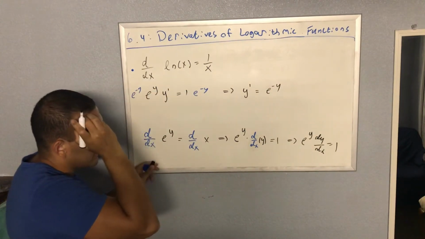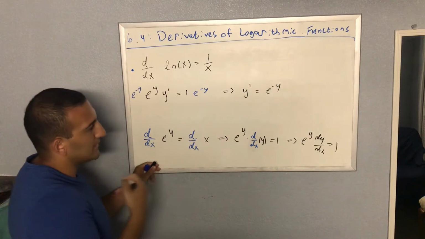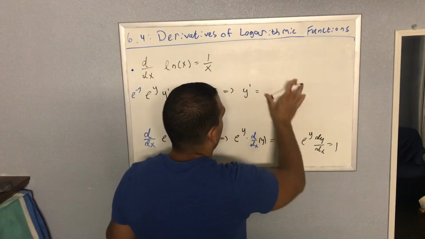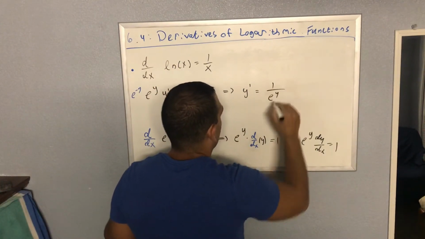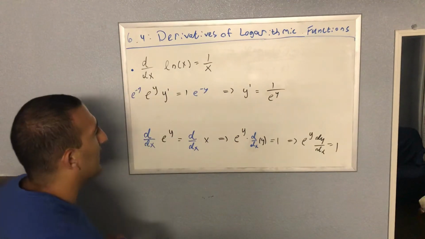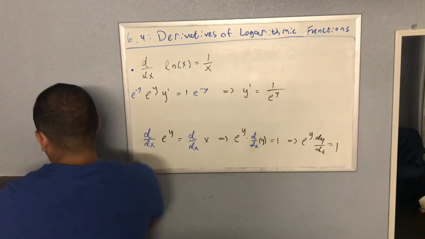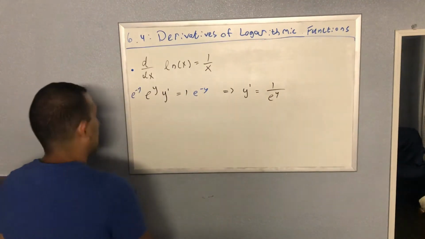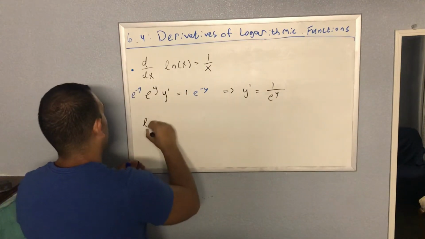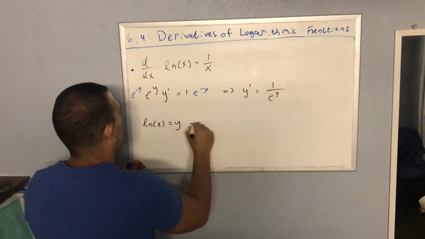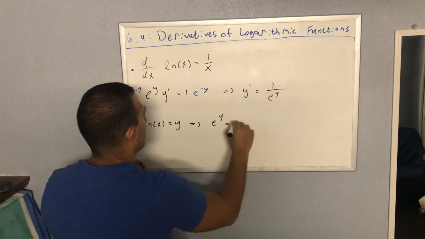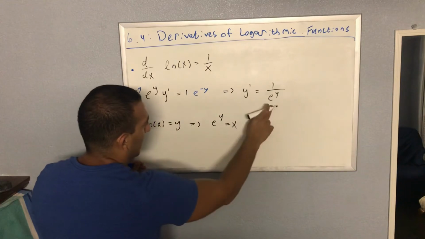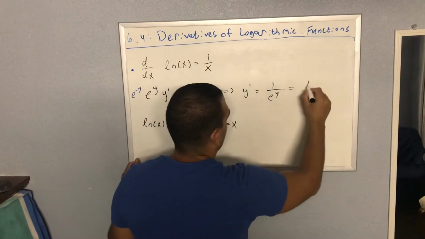But e to the negative y is the same as 1 over e to the positive y. And what did we define that as? Remember that because ln of x equals y, e to the y equals x, and we're done.